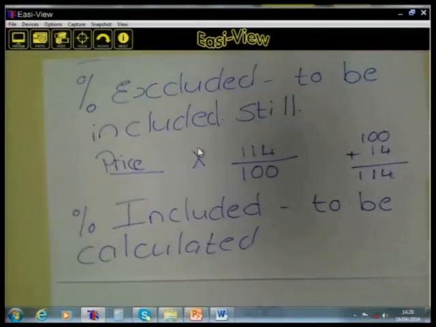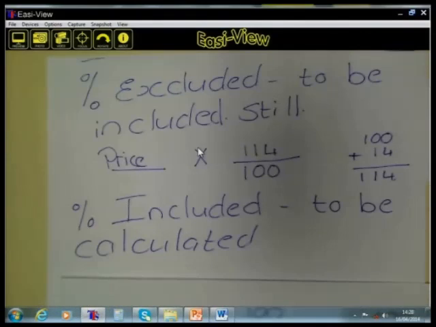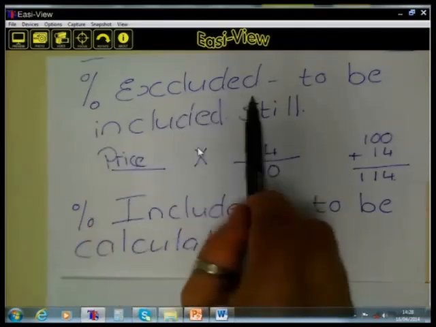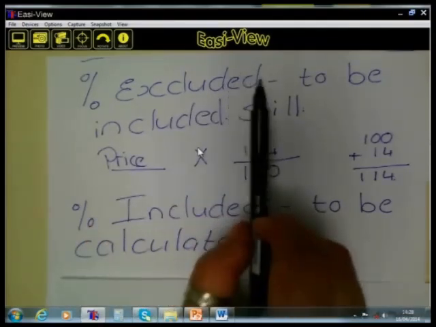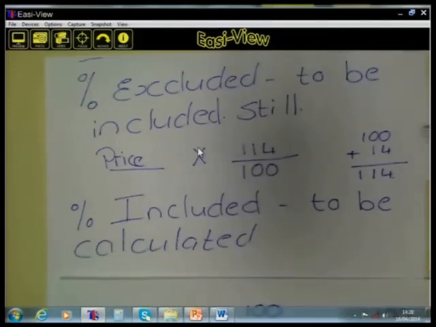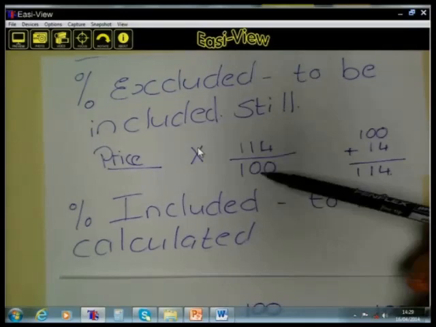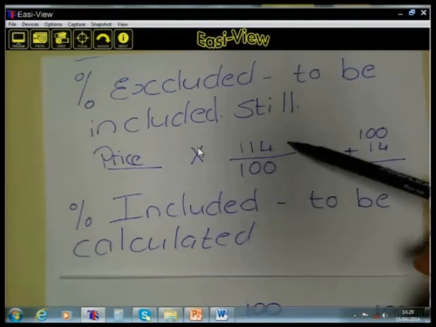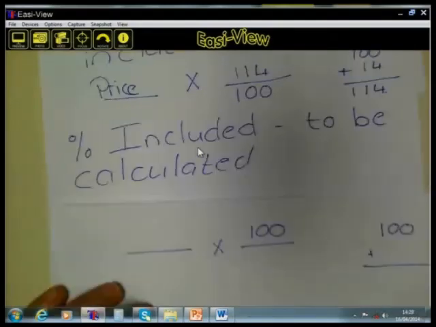Okay, let us then just summarize regarding VAT excluded and VAT which is already included. If the VAT is excluded, in other words, you must still add it to the price, remember, the price is 100%, the VAT is 14, we add the 100 and the 14, we get 114. So we take the price, we multiply by 114 over 100.